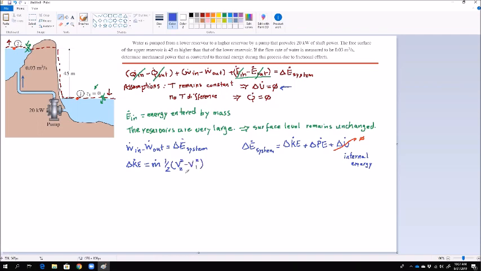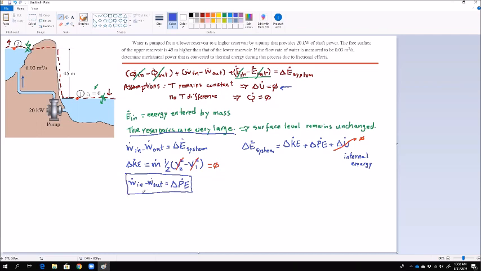So back to this assumption that the reservoirs are very large, we can conclude that both velocities are zero. As a result, change in kinetic energy is zero. Our equation is getting simpler and simpler. So finally we have W dot in minus W dot out equal to just the rate of potential energy change. This is a simplified equation.